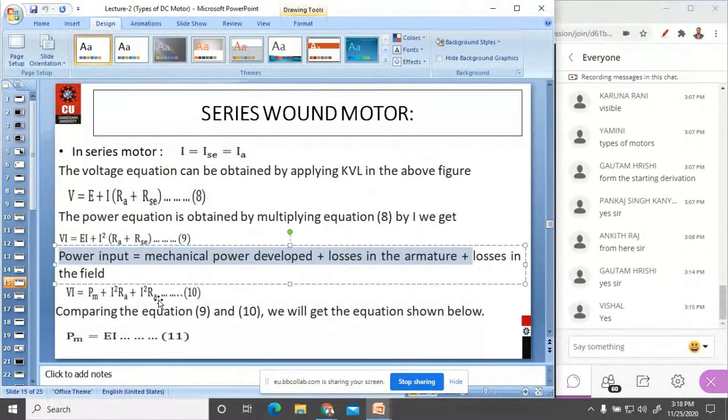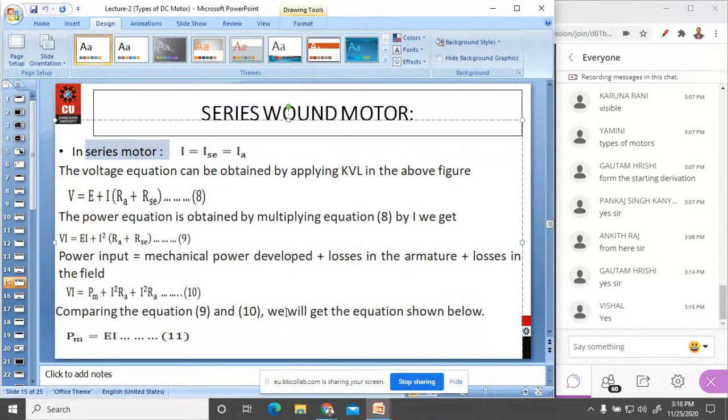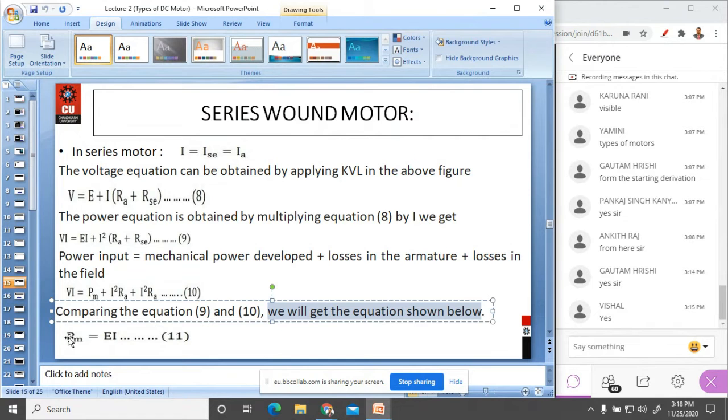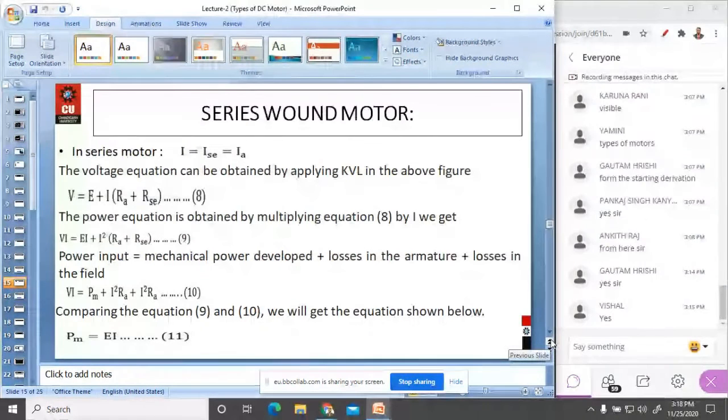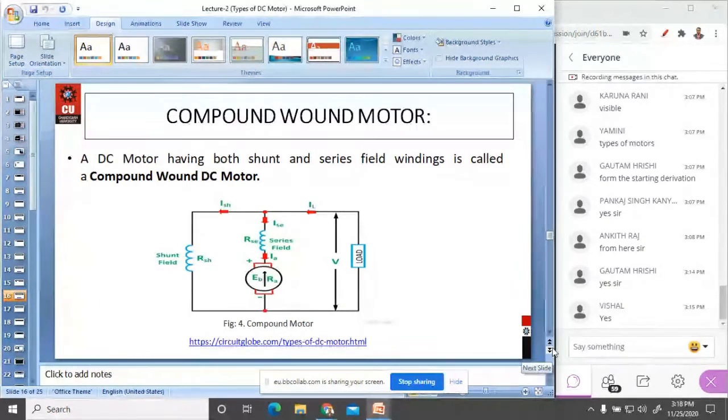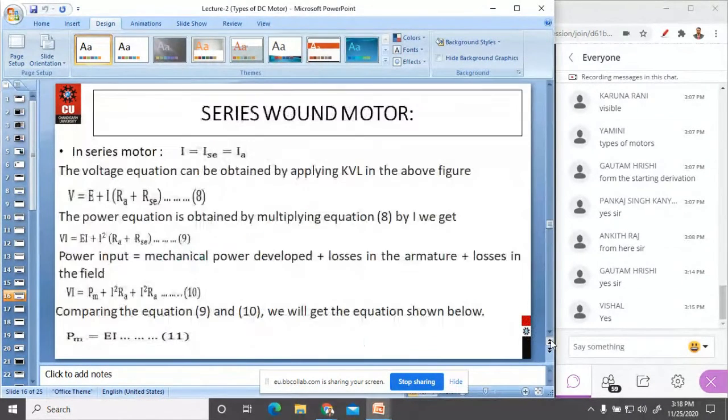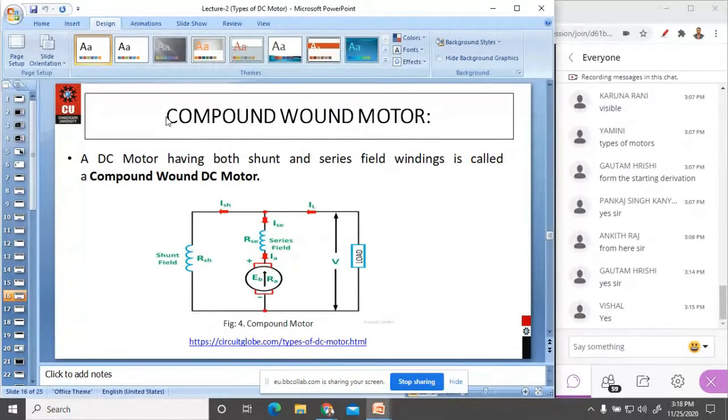We have put these values right here, and by comparing equations number 9 and 10, we get Pm is equal to E into I. So this is the derivation, or the simple mathematical calculation, for voltage and current values for a series wound motor.